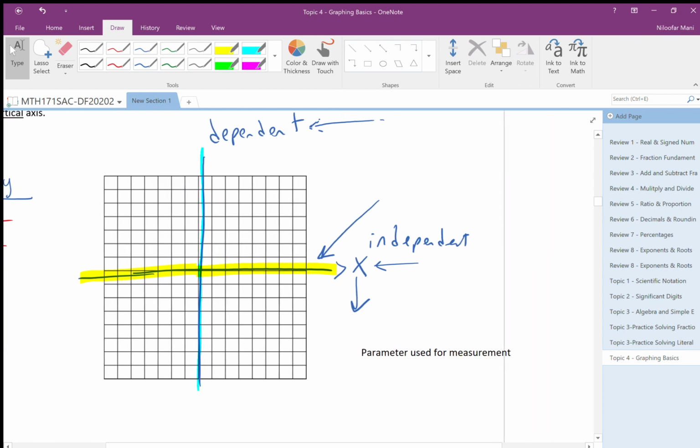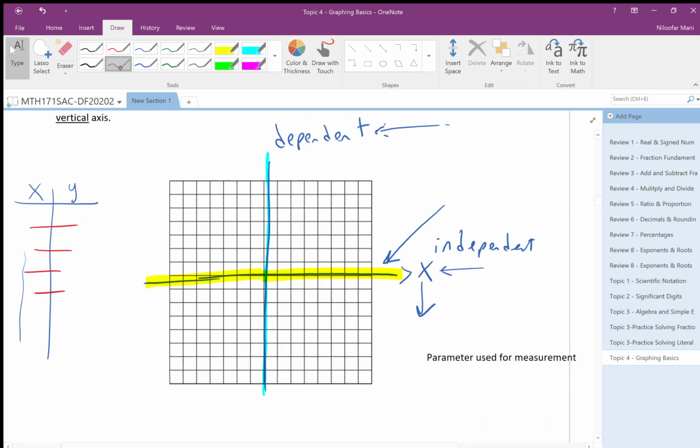Parameter used for measurement goes here, for example, maybe lambda, maybe time.